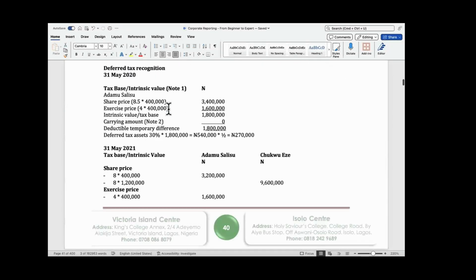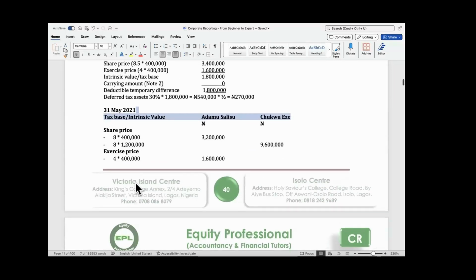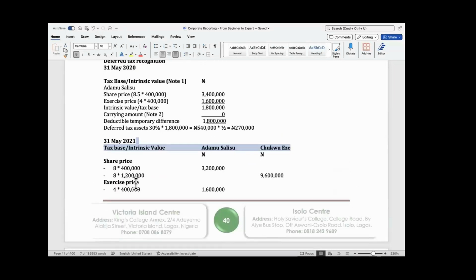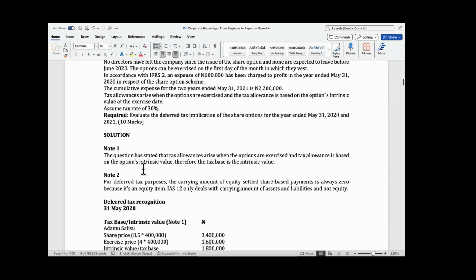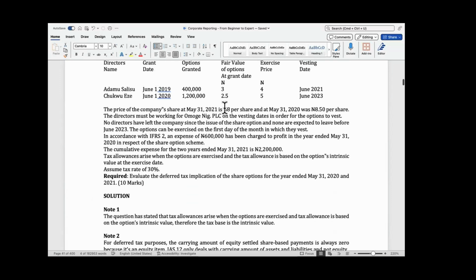I need to break it down, Adamu and Shuku, and do it separately. I get the intrinsic value for Adamu and for Shuku separately because they have different share options. So for Adamu, the share price is 8 naira at 2021, 8 naira times 400,000.